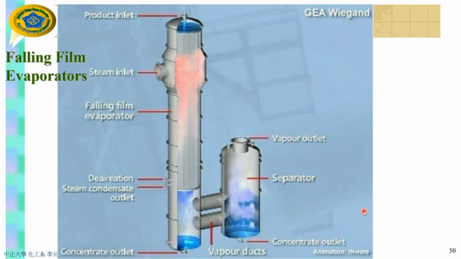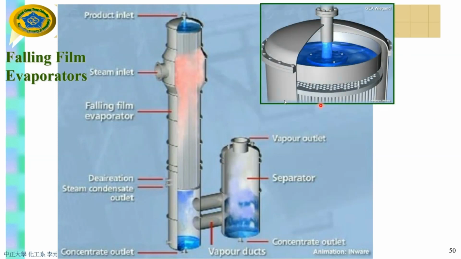So you have a mixture of A and B, and you want to evaporate B out. Your mixture will be poured into the top of this tower. This is a very big tower. If you take a close look at this tower, this mixture will go into the tower, and there are many small pipes.